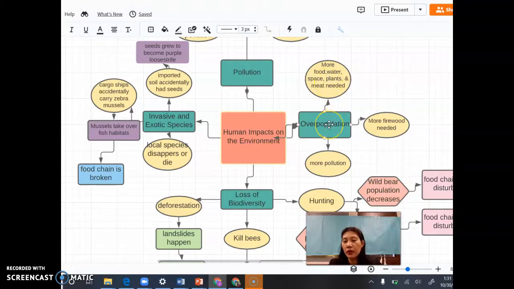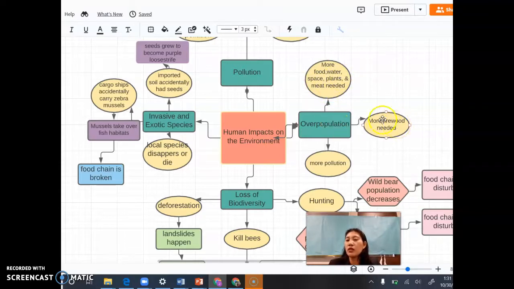In overpopulation, it means that there are more people or more species, more population, residing in an area. If there are more people or more animals in that area, more food, more water, more space, more plants, more meats are needed.